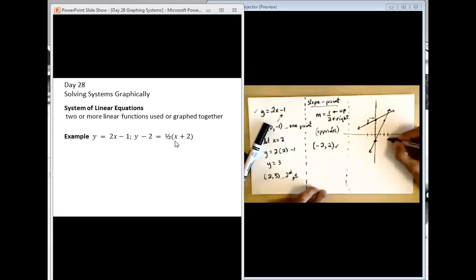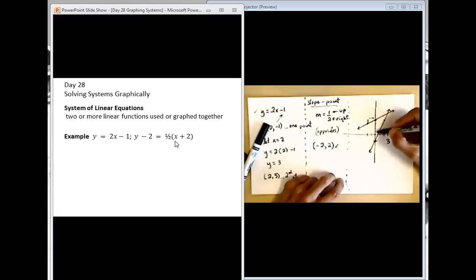That tells me that if x is 3 there where these cross, if x is 3, we get y being equal to 1, 2, 3, 4, 5.